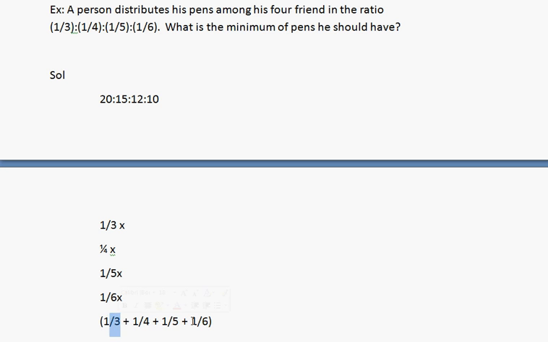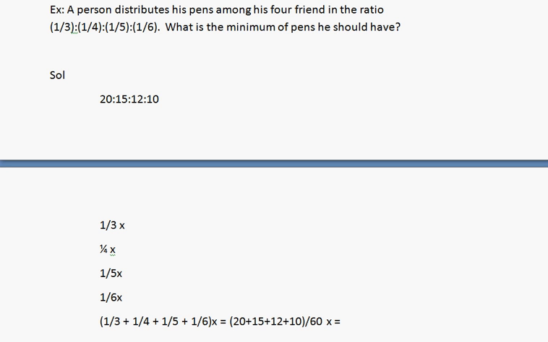So you would be multiplying this by 60, this by 60, this by 60 and this by 60 times x, which is equal to 20 plus 15 plus 12 plus 10, over 60, into x, right? So these are the total number of pens which he should have, right?